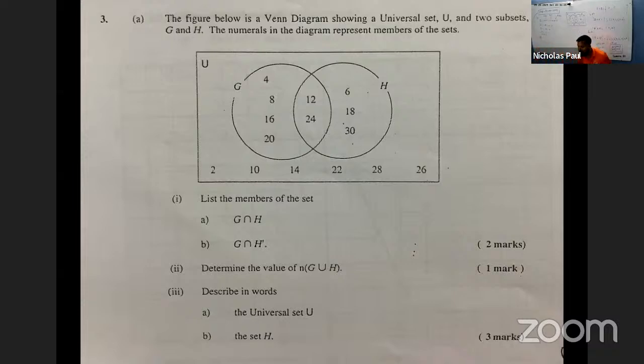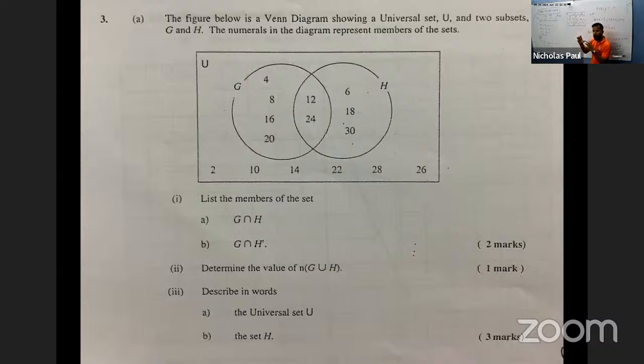How are you supposed to do it? Part two is just numbers. It counts how many are in the union. Just like this: 1, 2, 3, 4, 5, 6, 7, 8.